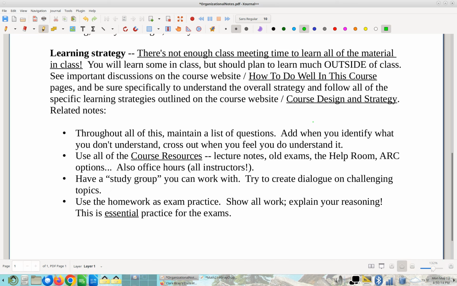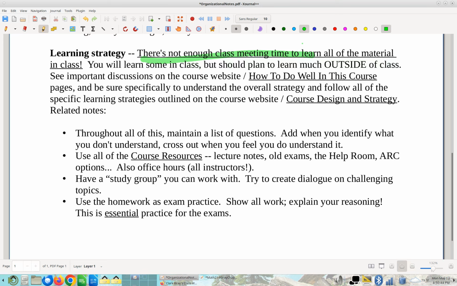It is not going to be the case that you will learn primarily in class. There's just not enough time to learn all the material in class. It's a tremendous amount of material in this course. So what I'm going to be doing here is what I think is the best strategy for teaching a course with this amount of material.